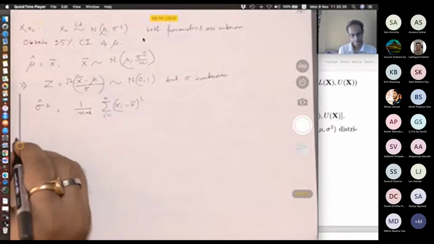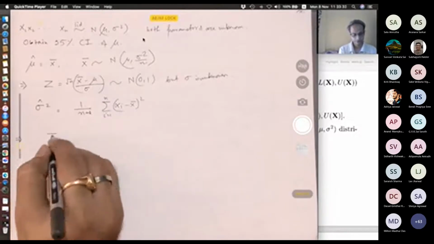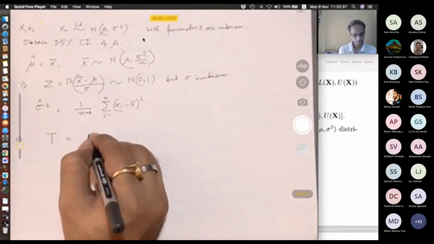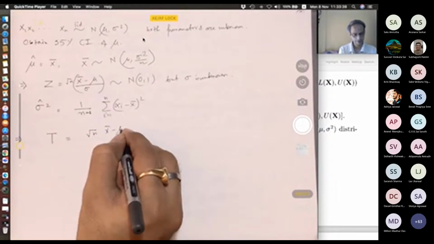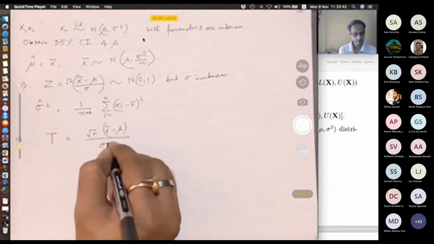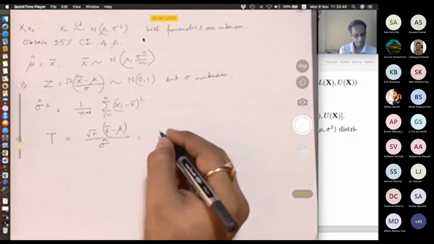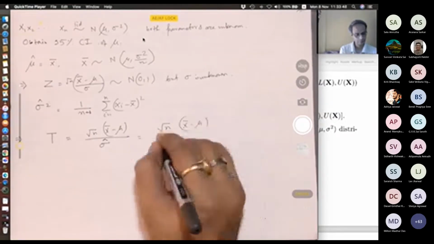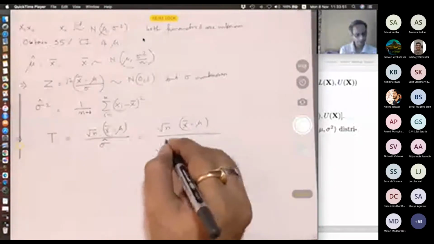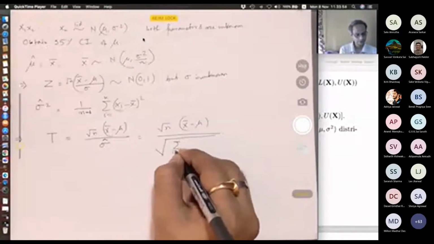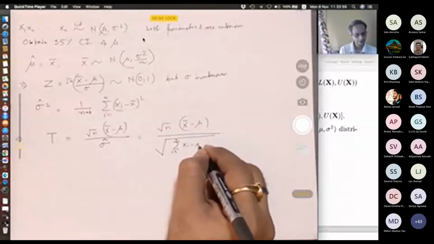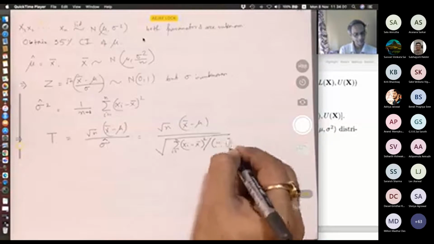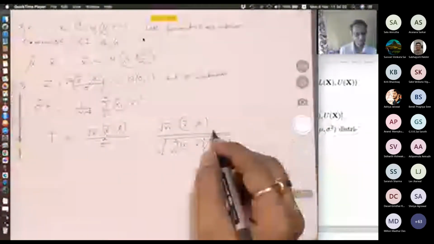So as a consequence, what we will get is t equals root n (x bar minus mu) by sigma hat, which is root n (x bar minus mu) divided by the square root of sum over i from 1 to n of (xi minus x bar) square, divided by n minus 1. What will be the distribution of this statistic?